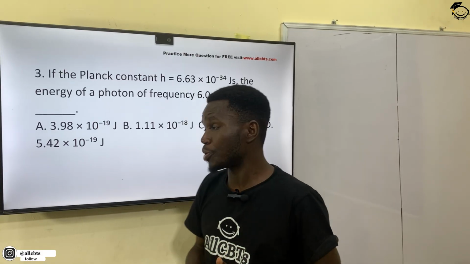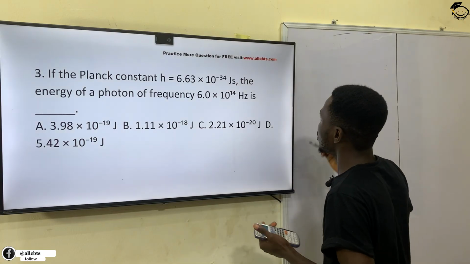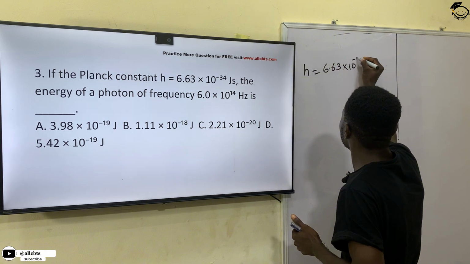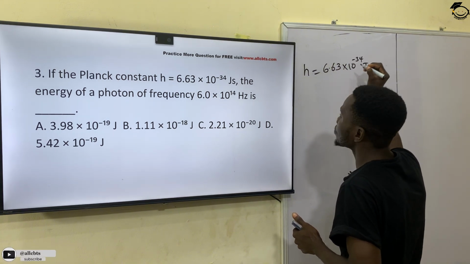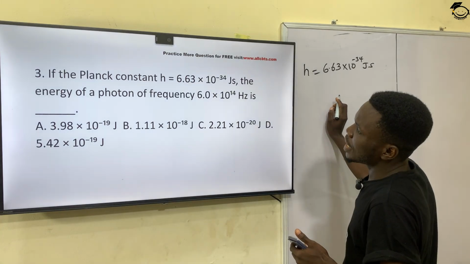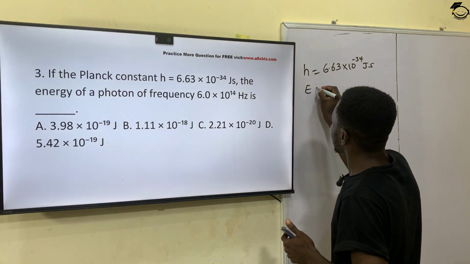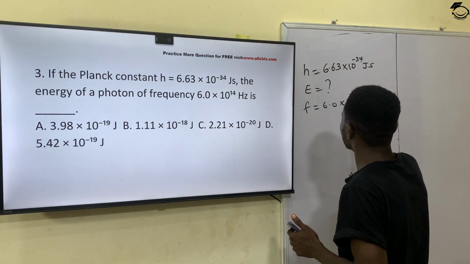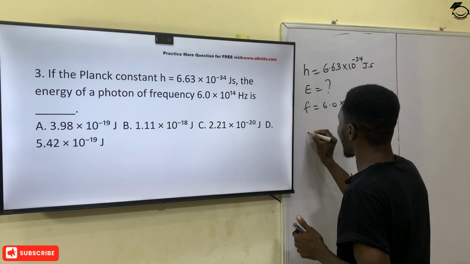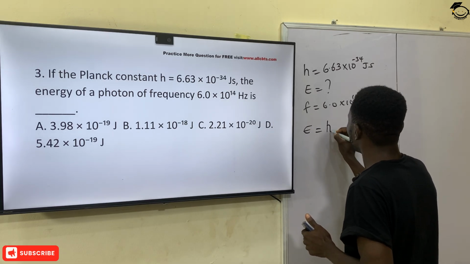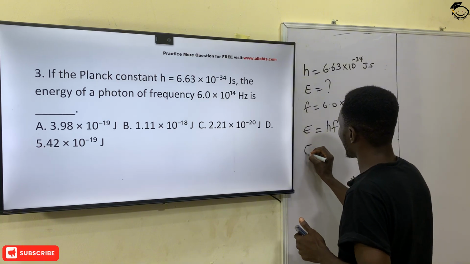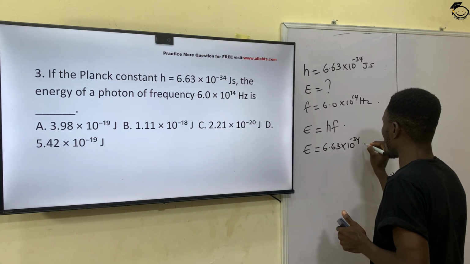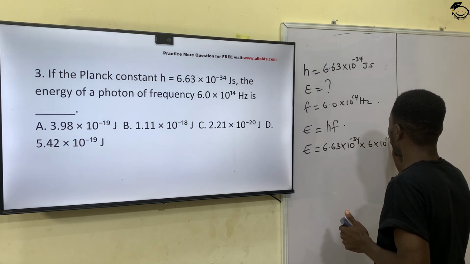So that is also question number 3, which says, if the Planck's constant h is equal to 6.63 times 10 raised to power minus 34 joule seconds, we are looking for the energy of a photon of frequency 6.0 times 10 raised to power 14 hertz. We know that the energy of a photon is equal to Planck's constant times the frequency. This means that my energy is equal to 6.63 times 10 raised to power minus 34 times 6 times 10 raised to power 14.